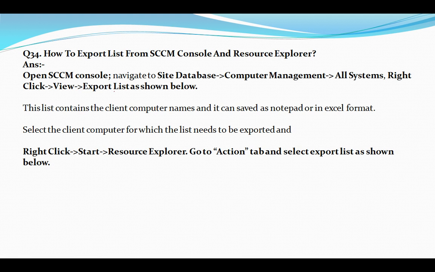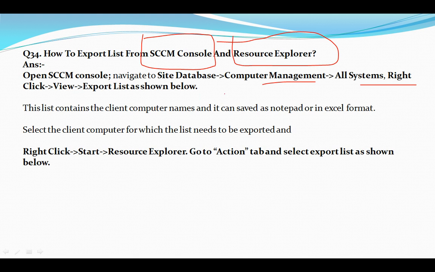Now next question: how to export a list from the SCCM console and resource explorer. So you have two things here, one is resource explorer and the second is the SCCM console, and you want to export a list. For this, open the SCCM console again, navigate to site database and computer management, all systems, right click and view export list as shown below.